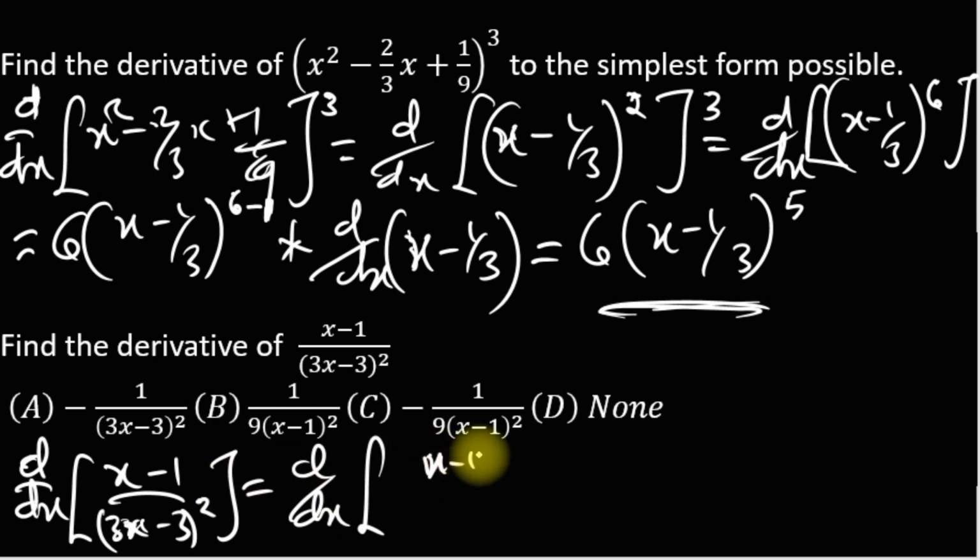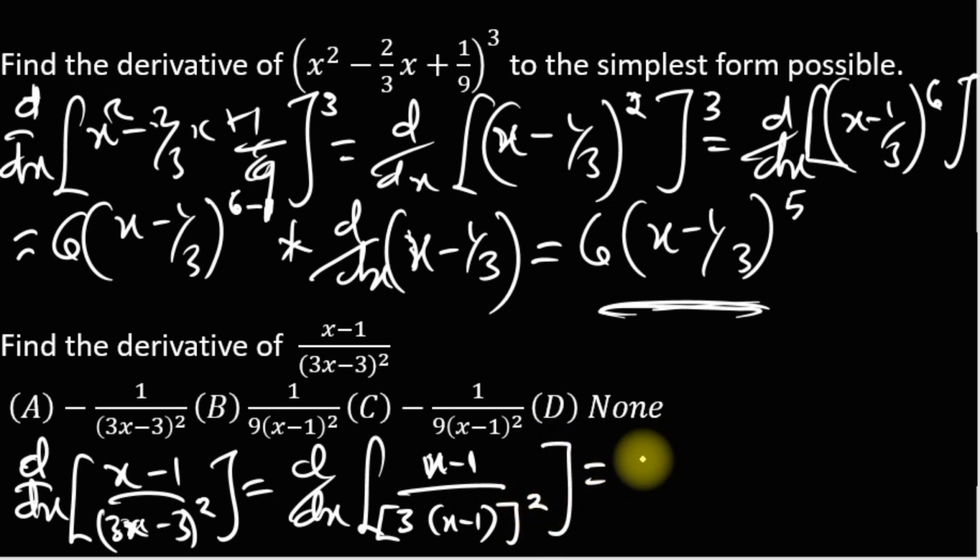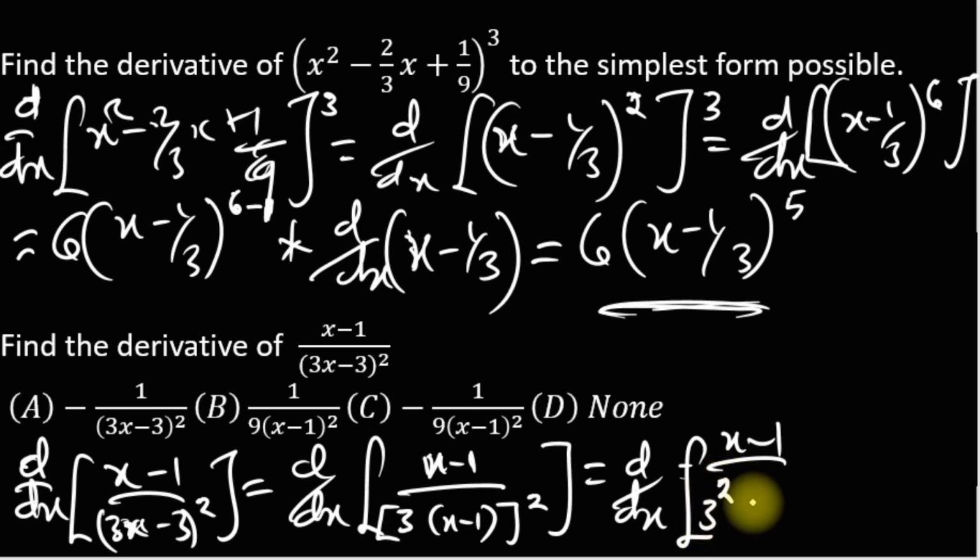So we can bring out 3 as common, so you factor 3 out. So this is derivative of x minus 1 over 3 times x minus 1, all squared. We can write this from indices: the product of two numbers raised to a power is the same thing as raising each to the power, which is 3 squared times x minus 1 squared.